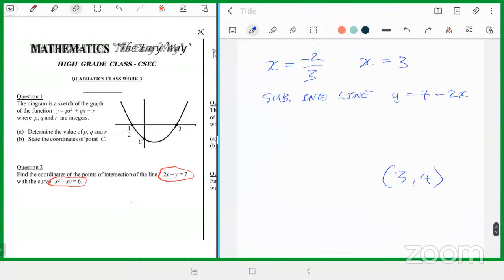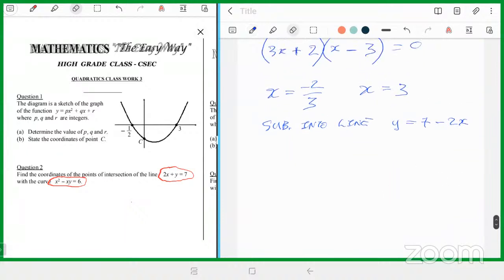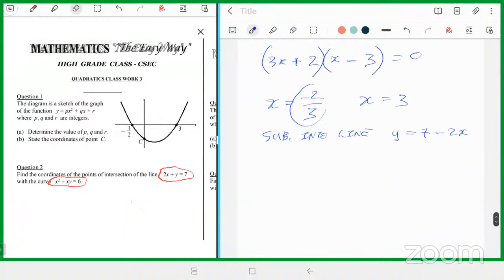So now, let me erase this. It's a matter of plugging this x value in for the x value there to find the y to go with it. And then plug in this x value again in there to find the y that goes with that x value. So let's do them one at a time. So we're going to say at x equals minus 2/3, we're going to substitute this in the line here.